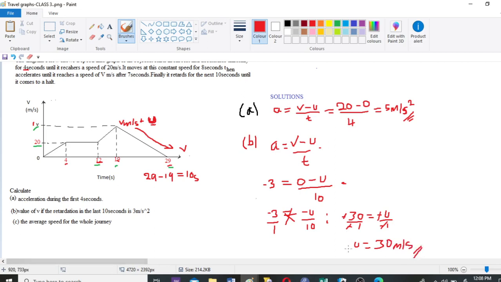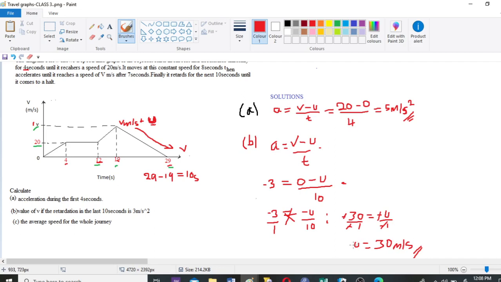Now remember, this u we've calculated was our initial velocity when the car was already traveling at v meters per second. So in the formula, this was our initial velocity, which is u. Since we have calculated this u, we know what this means on our graph.